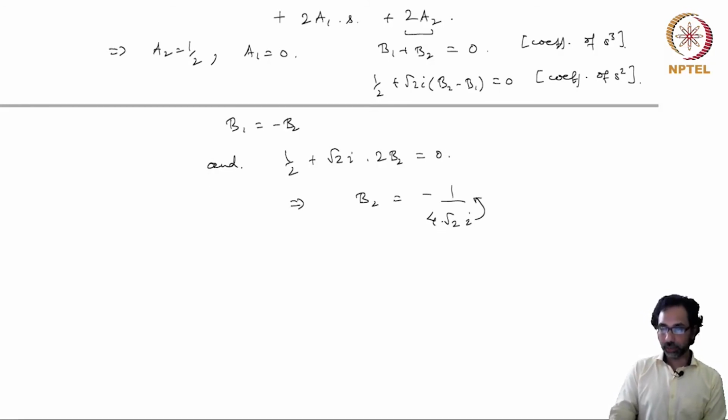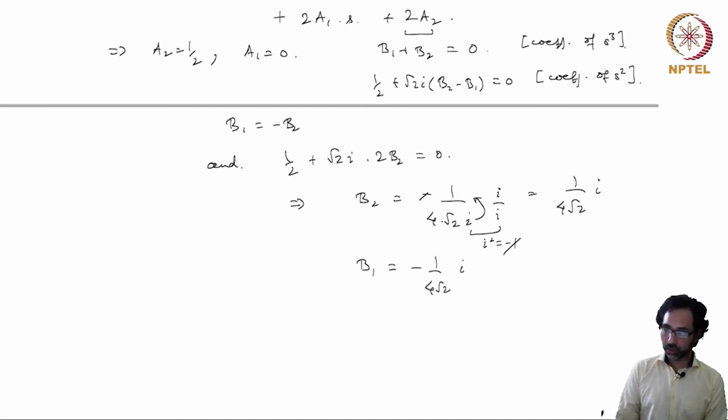Now you can take i upstairs by multiplying and dividing by i. So you will get i squared equals minus 1, and this minus factor cancels out. So you get in the end 1 over 4 root 2i as b2. So b1 is minus 1 over 4 root 2i.